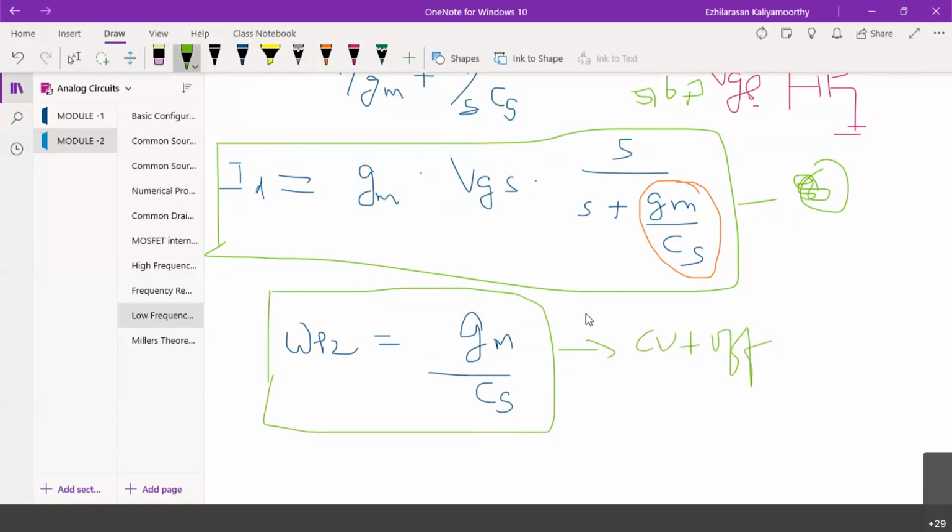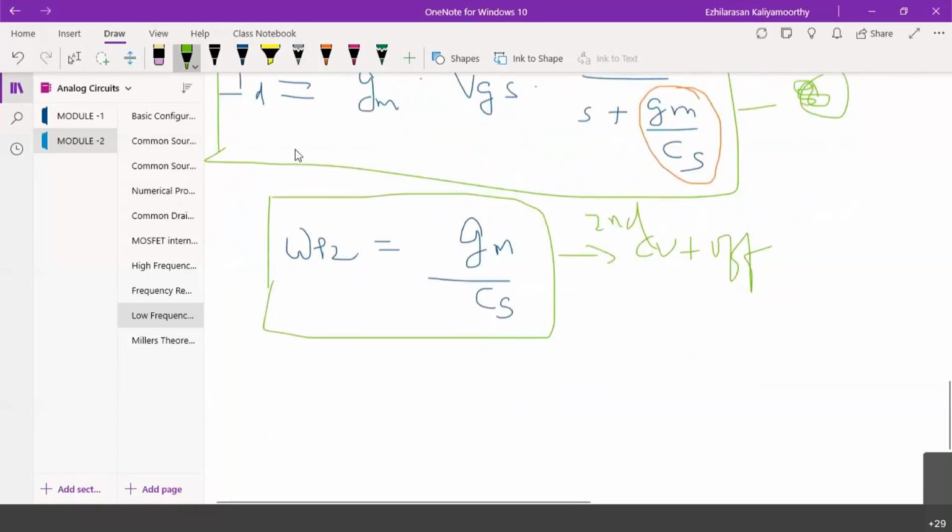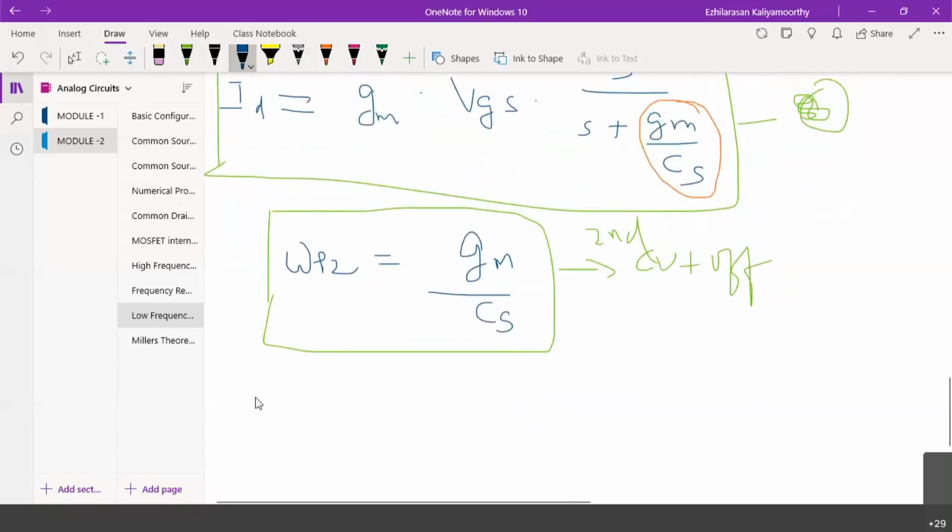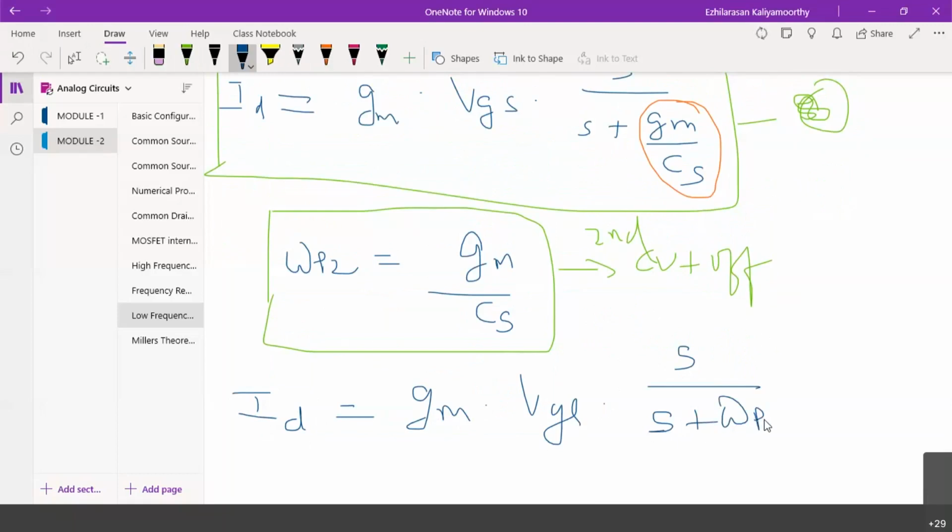This is the second cutoff frequency. So now I can write ID as Gm into VGS into S divided by S plus omega P2. So this expression will become like this.